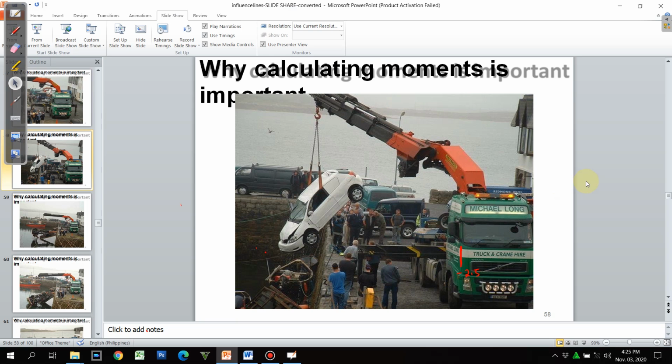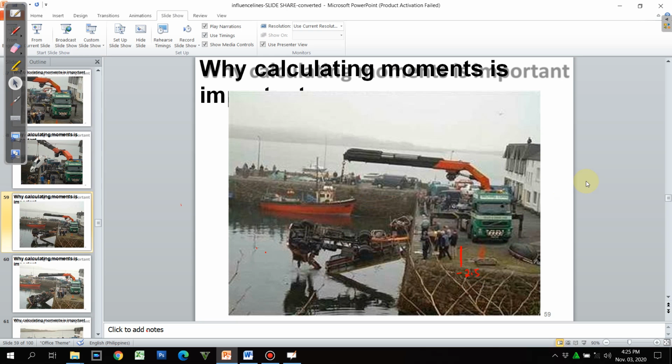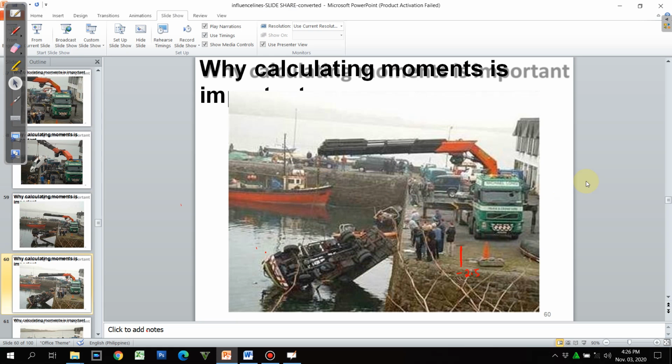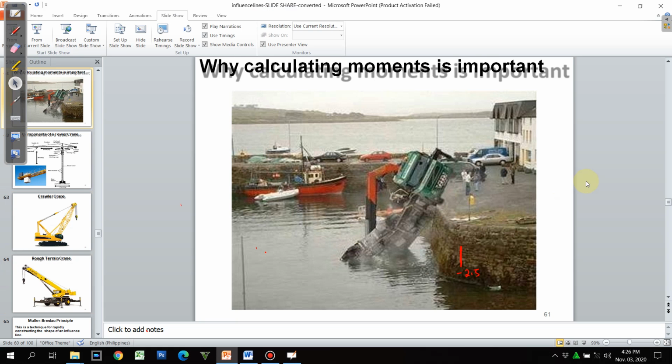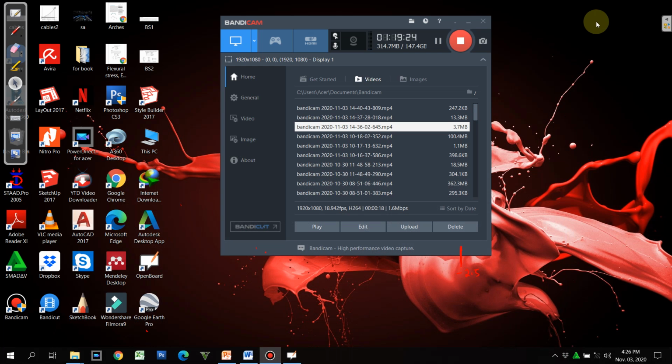And it really lifted the white car, and then after which it needs to lift the other truck, until it is also overturned by the weight of the truck. So that is why we really need to calculate moment. So this ends my presentation, and thank you for listening.